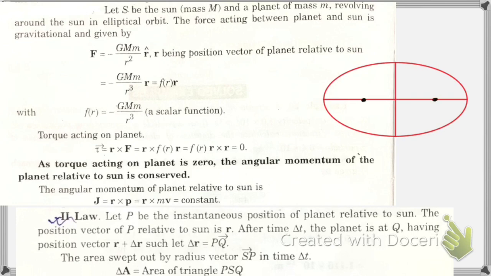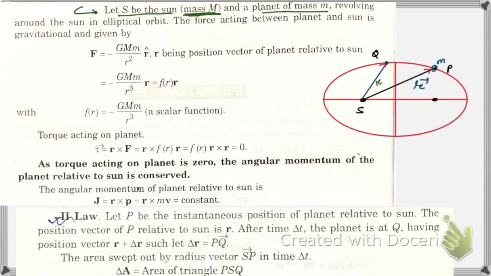So here you see, let us consider that S is the sun of mass capital M, and a planet of mass small m. This is the sun, this is the planet P with position vector r, and this is small m, and it revolves, and after a time interval it reaches suppose Q, right?